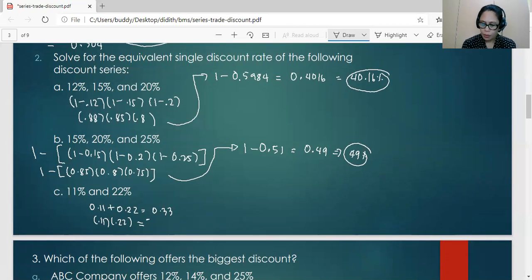So 0.11 times 0.22 is 0.0242. So this is like 0.33 minus 0.0242.